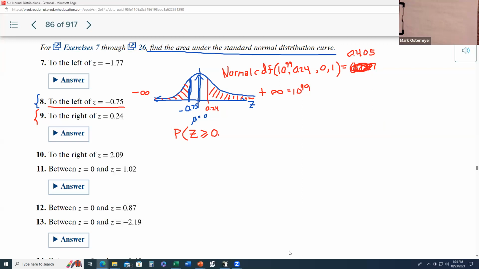Number 13, try that one now. Roll that into classwork number 1. Find the area between z equals 0 and z equals negative 2.19. So that's going to be this area here they want you to find.